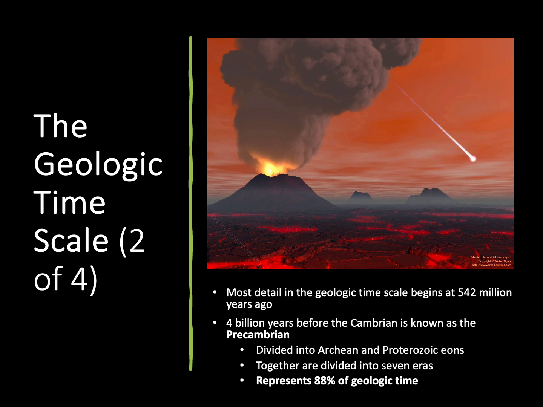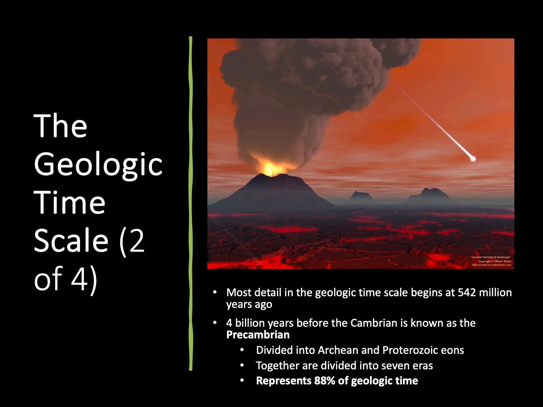So, again, most of Earth's history, 4 billion years, happens during the Precambrian. This is 87% of Earth's history, but we don't have many fossils whatsoever about this time, because for a large portion, Earth was not really capable of having life.